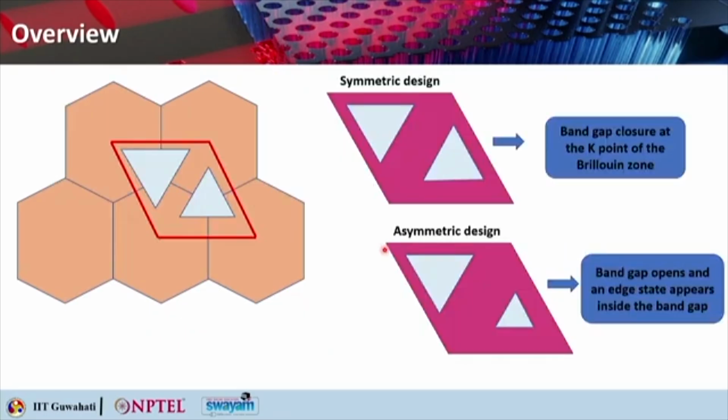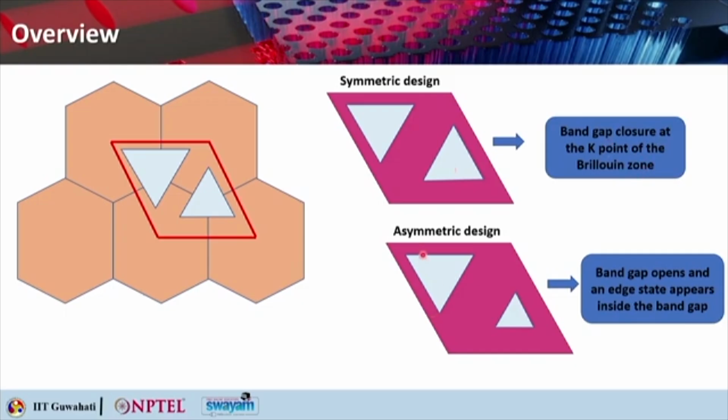This is the symmetric design where the two triangular holes are of equal size. In that case there will be no band gap, so the band gap will close at the K point of the Brillouin zone.